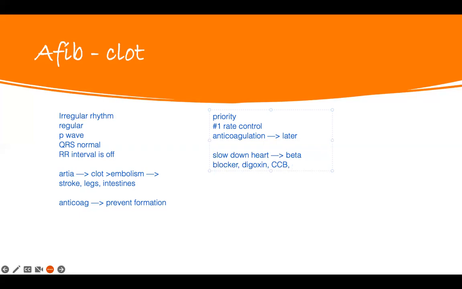That's all. Then later on, you get an echocardiogram, then you put them on anticoagulation. So giving them anticoagulation is not the best way. Providing them with rate control is always number one.